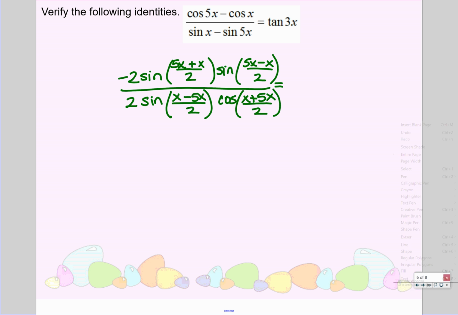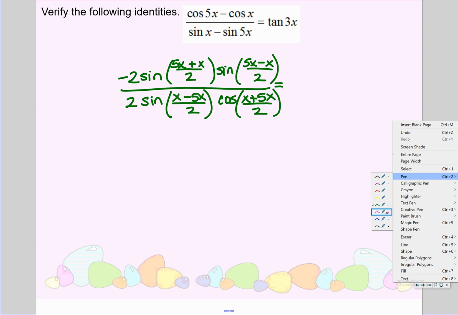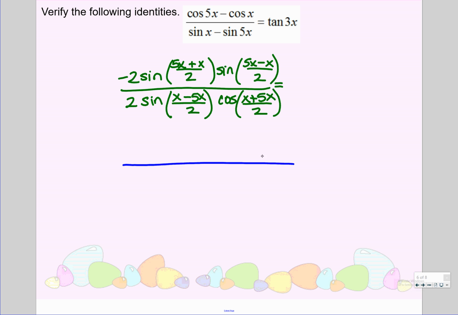Now we simplify. In the numerator, I have 5x plus x over 2. So what does that become? 3x. And then I have 5x minus x over 2, which is 2x. Okay.